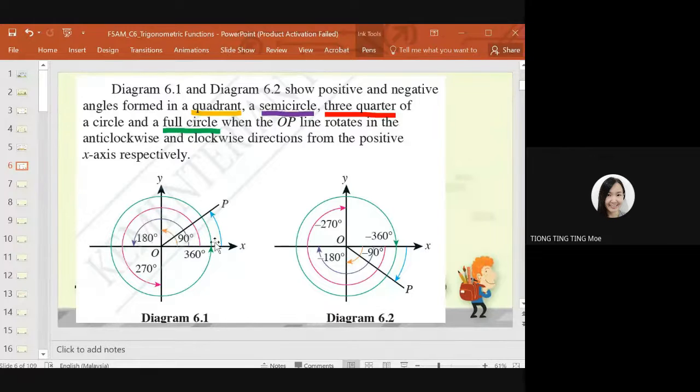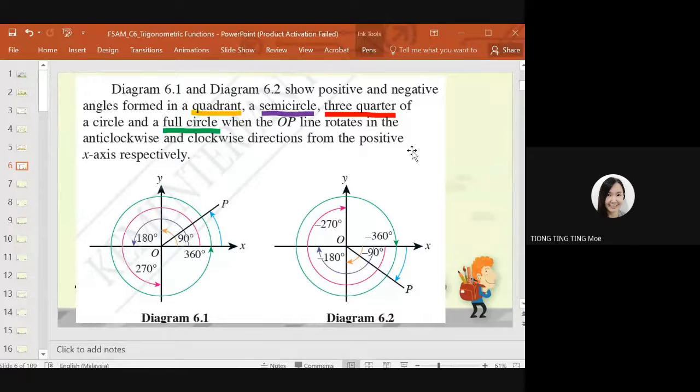So we call this a quadrant, one quarter. Then two quarters will become a semicircle, the purple color one. The angle in between these two will form a semicircle. Then this three quarters, the pink color one. Then the last one, a full circle, quadrant 4, the green color.